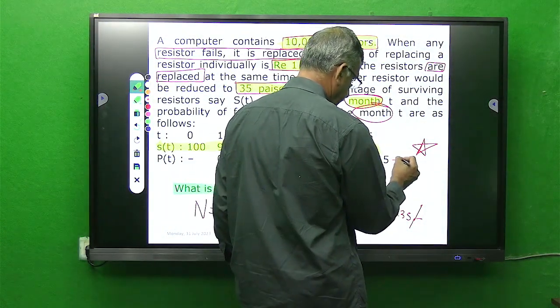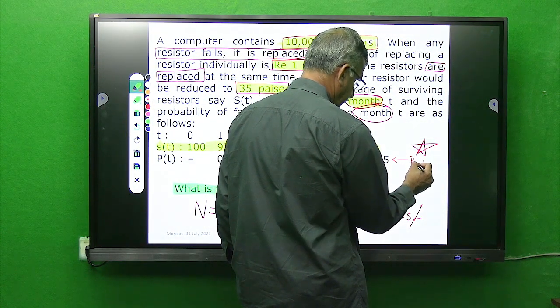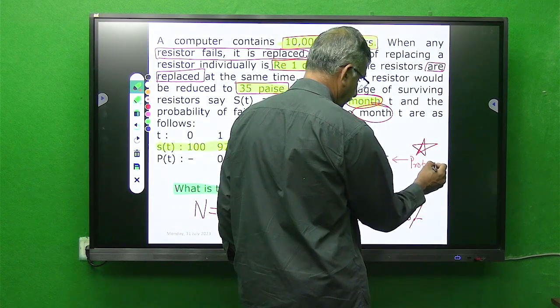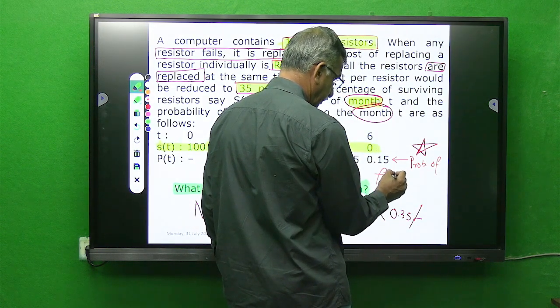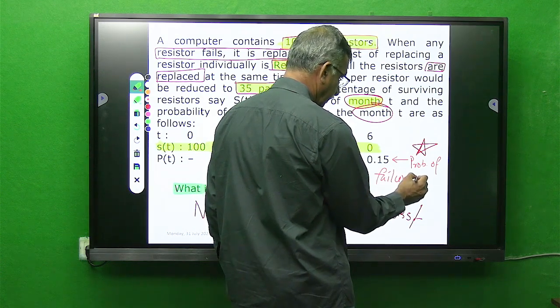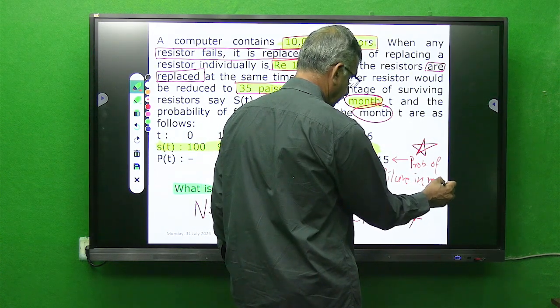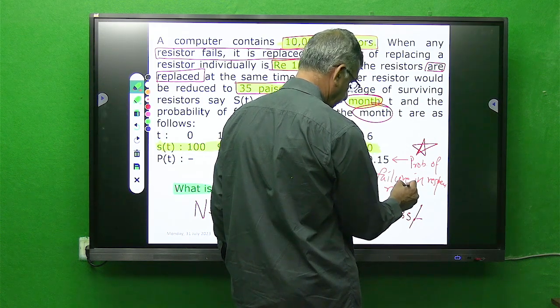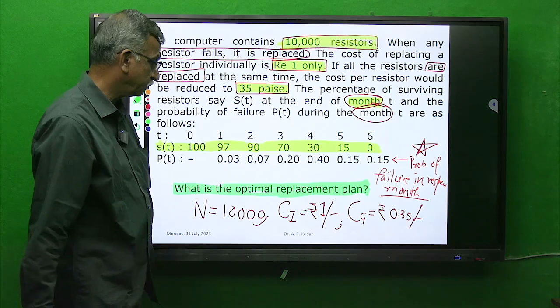This row gives the probability of failure in the respective month.